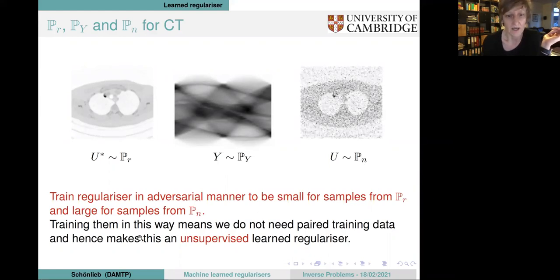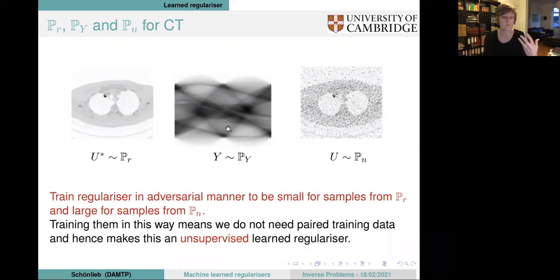Okay. And maybe one thing to highlight here, as you will see in a moment, is that my evaluation criterion is, on the one hand, that the regularizer should be small for these and large for these, which does not necessarily mean, and you will see it on the next slide, that for optimizing the regularizer these two need to be paired.